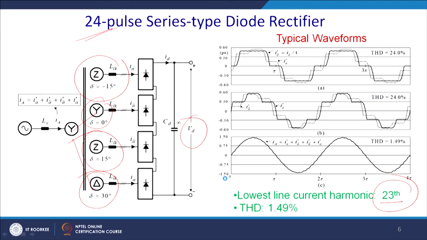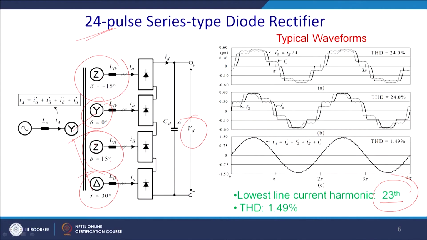Thus, though it requires more component count, from the manufacturing point of view we do prefer the 24 pulse converter, because it eliminates all the harmonics from the fundamental up to the 23rd, and the manufacturing is easy, because you require to manufacture the special transformer of plus and minus 15° phase shift, and in case of the 18 pulse converter 20° phase shift.